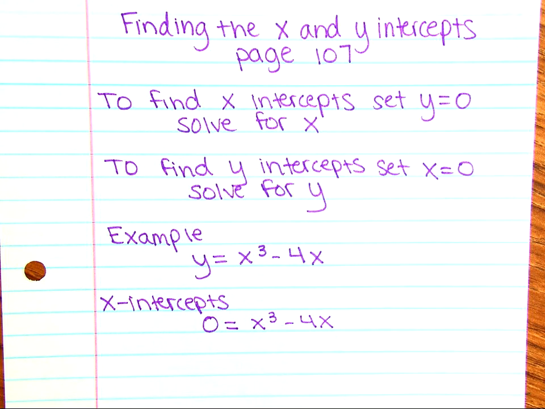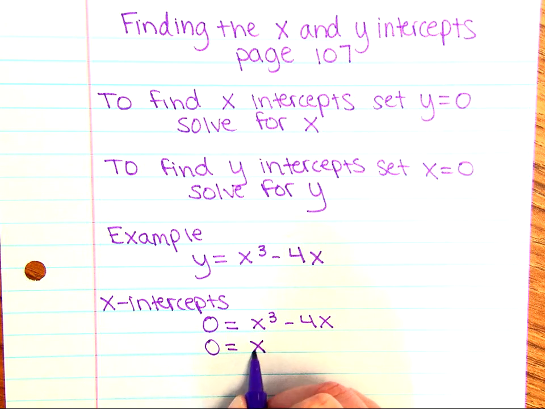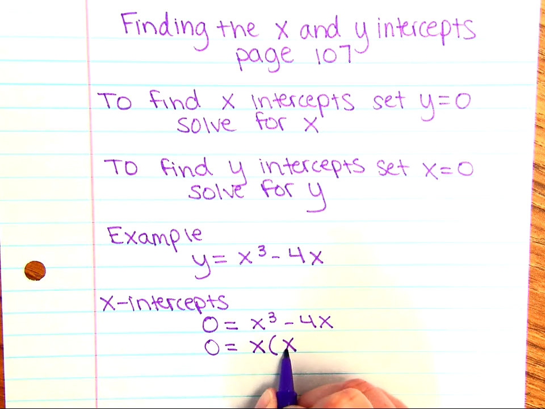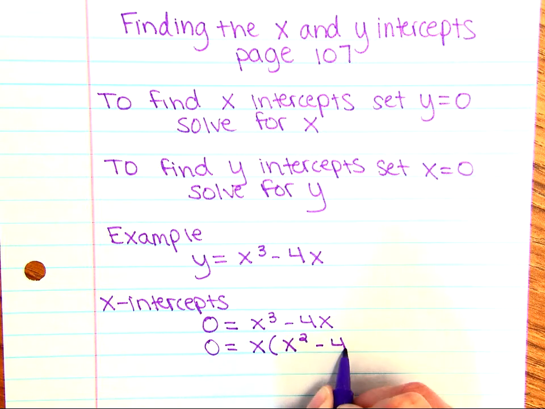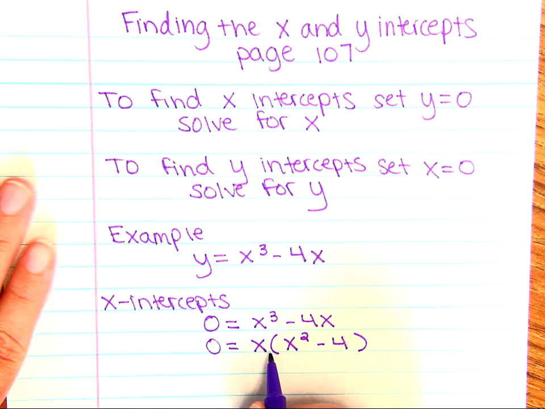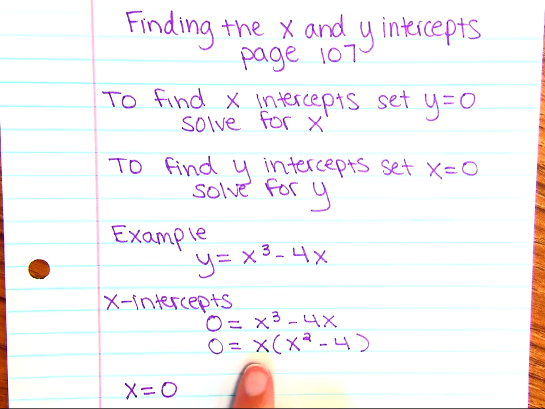I think I can probably factor it, seeing that there is a greatest common factor of x between those two things, which would leave me with x squared minus 4. If there is an x out front, then automatically one of my x-intercepts is going to be 0, because if I solved that, I'd have x equals 0 to take care of just this x.